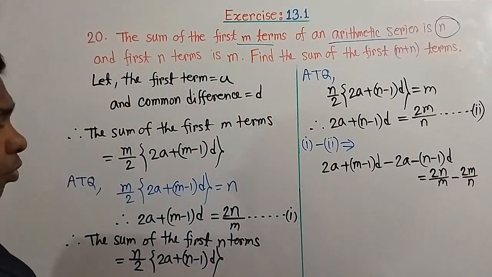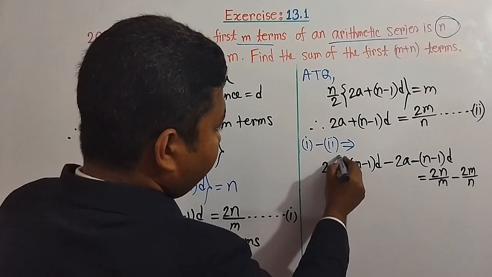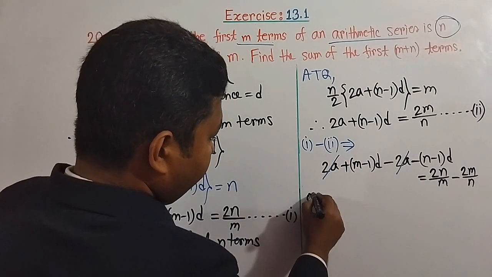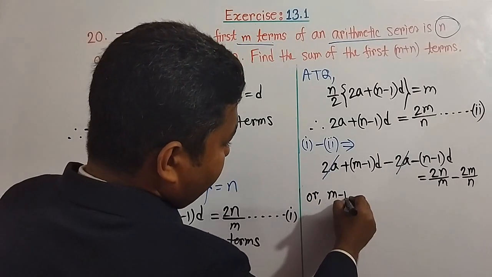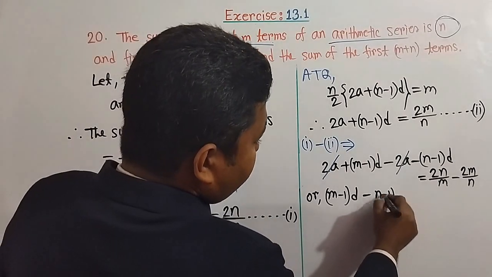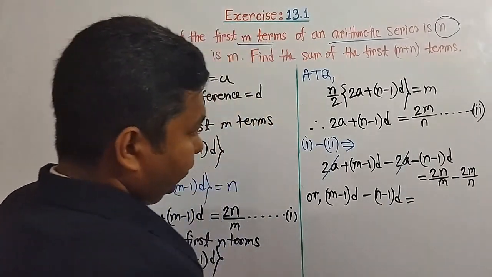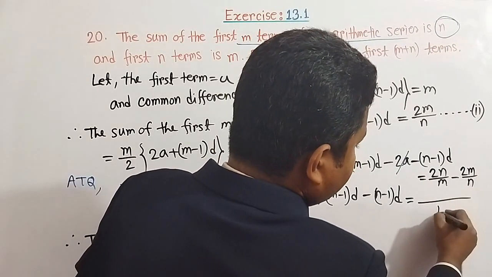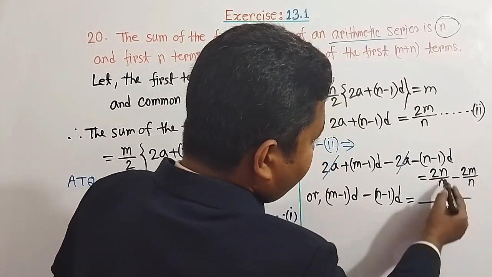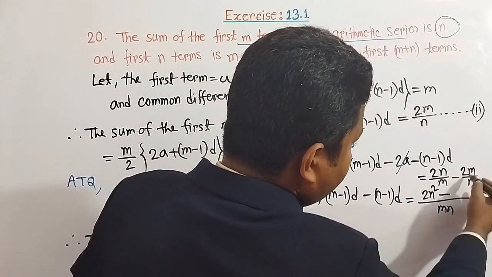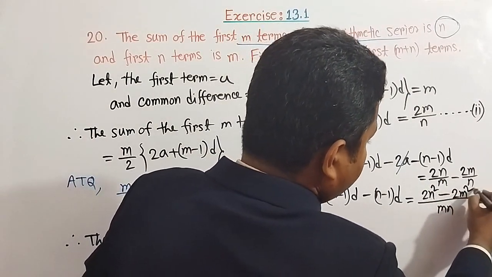Then by simple calculation, 2a minus 2a cancel, so m minus 1 into d minus n minus 1 into d equals, taking LCM on the right hand side, mn in the denominator, and 2n square minus 2m square in the numerator.